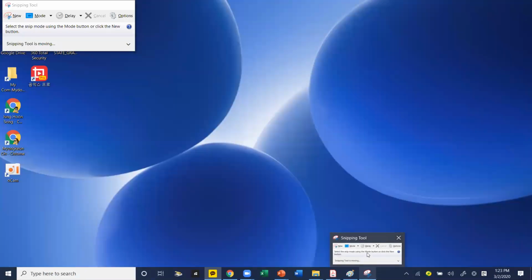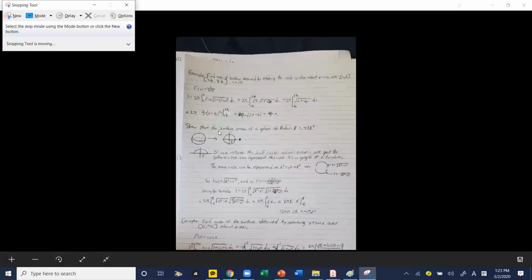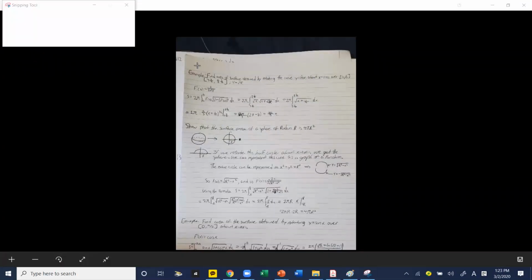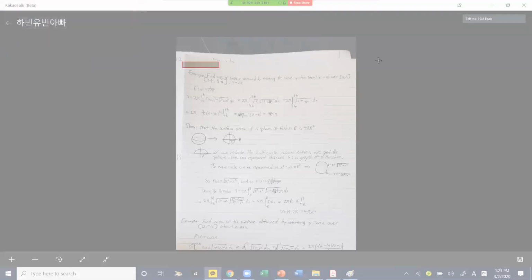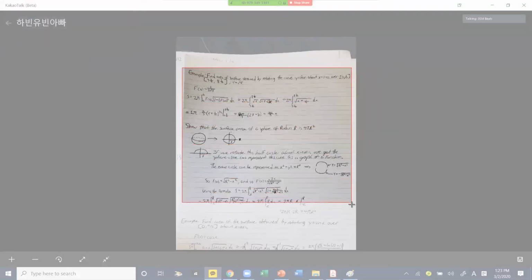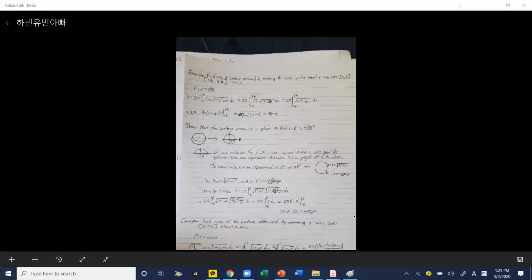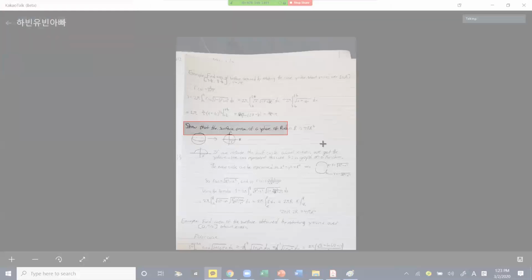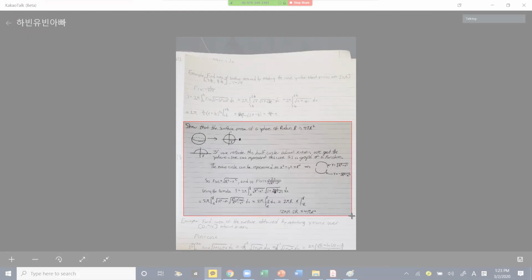You learned how to find the surface area? Yeah, I learned that literally just today. Yeah. Just today. You're talking about this one. Yeah, there we go. The middle part.